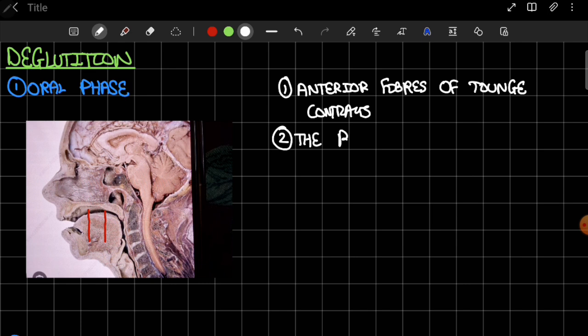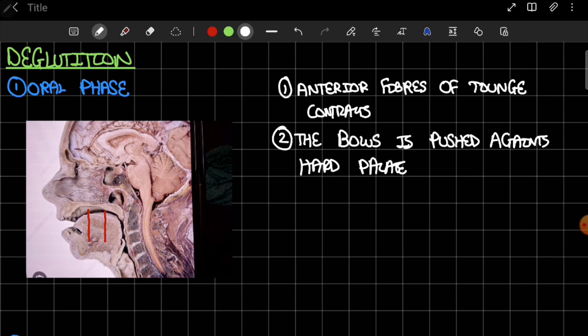The bolus is pushed against the hard palate. So when the bolus is pushed against the hard palate, it is further reduced to appropriate size.